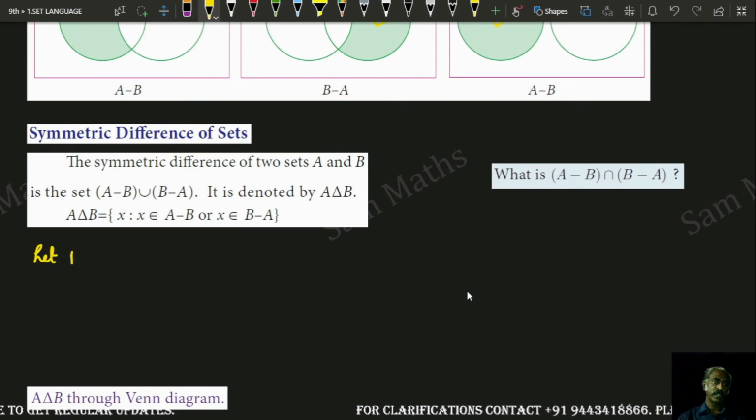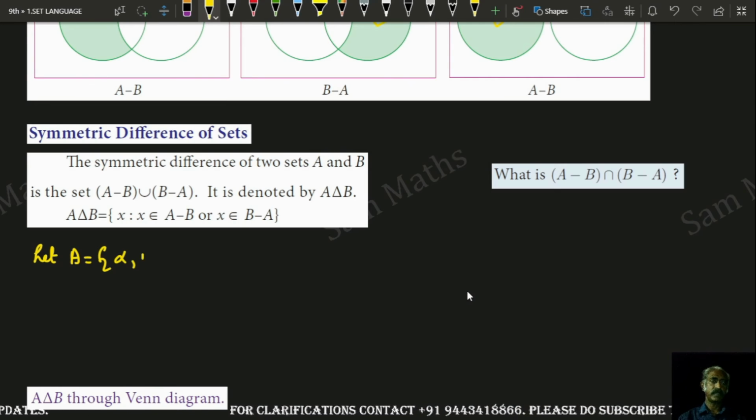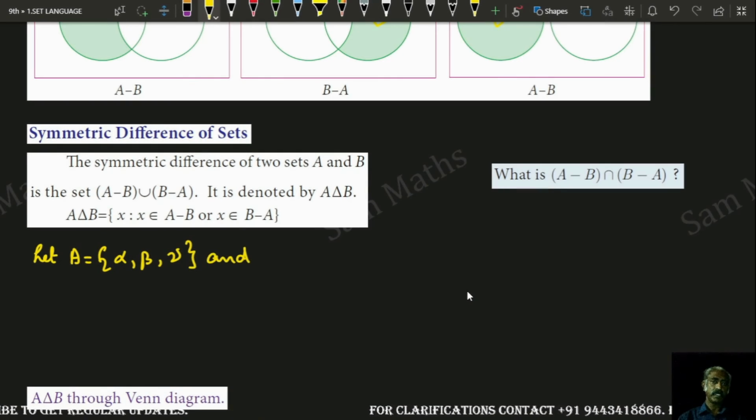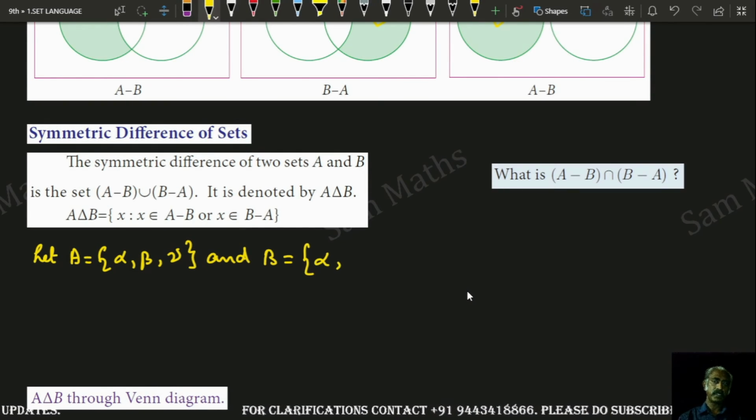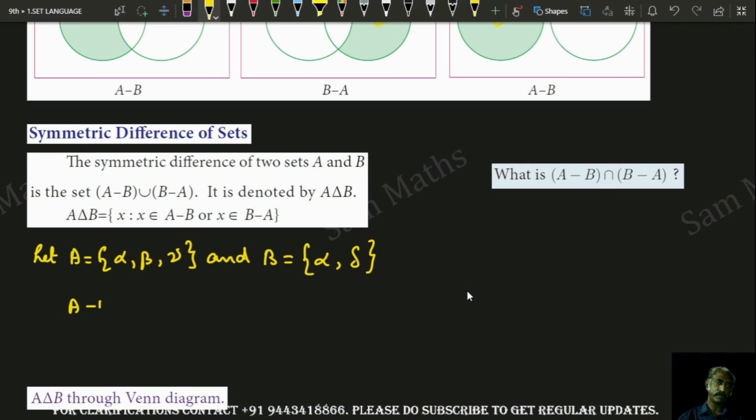Just we can discuss with one example. Let A is equal to alpha, beta, gamma and B is equal to alpha, delta. Okay, children. Now you can find A minus B. A minus B means what?